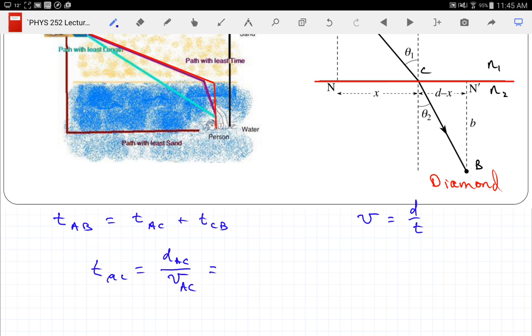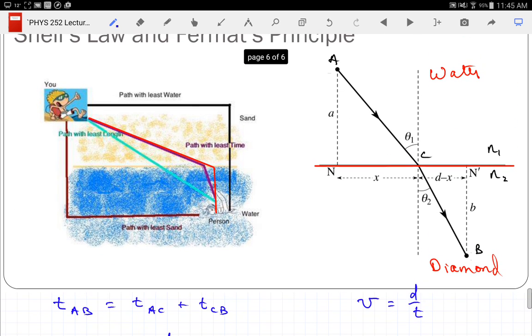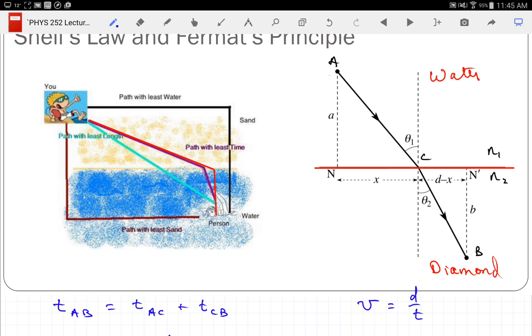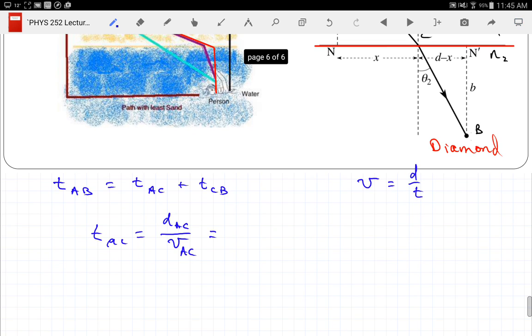What is the distance from A to C? Look at our picture. Look at our variables. We have a, b, and x as our variables. Okay? The distance A to C is the square root of a squared plus x squared. I'm sorry, I keep going lowercase instead of uppercase.